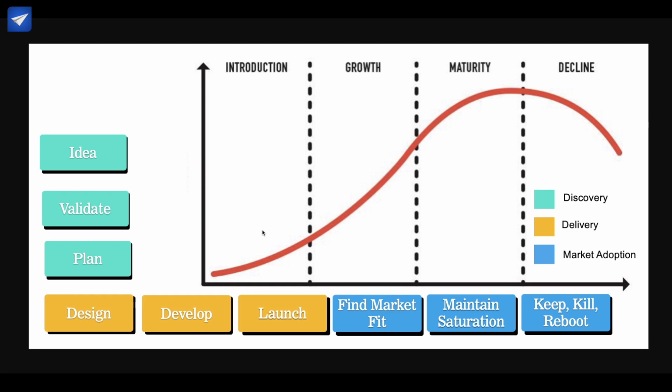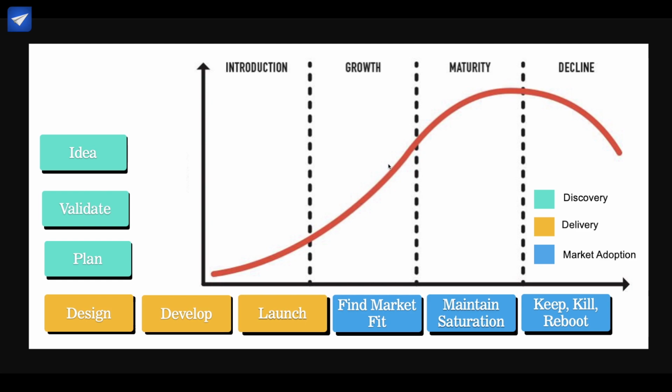Now comes the game, right? If you have done these things really well, if people want your product, especially if the users are in love with your product, it moves to the second stage, growth.